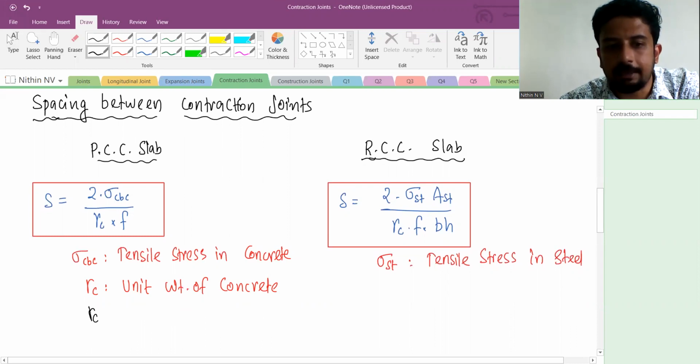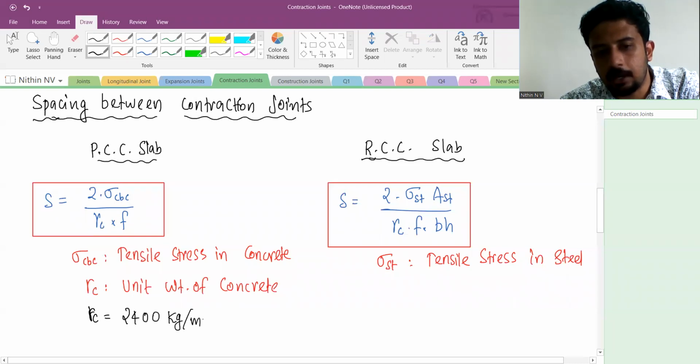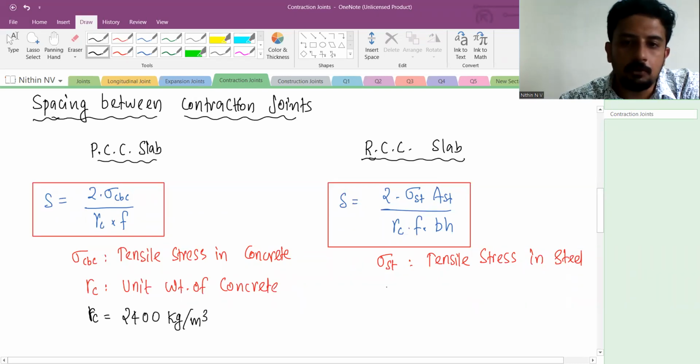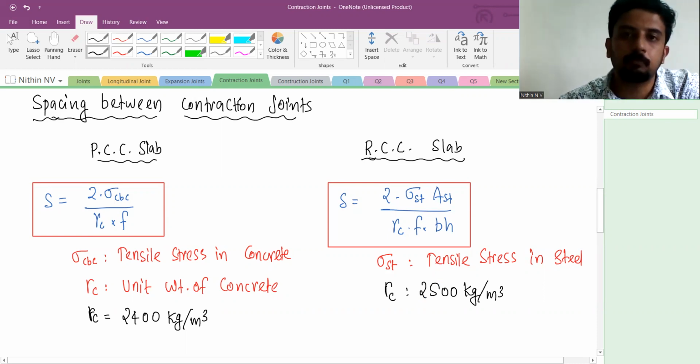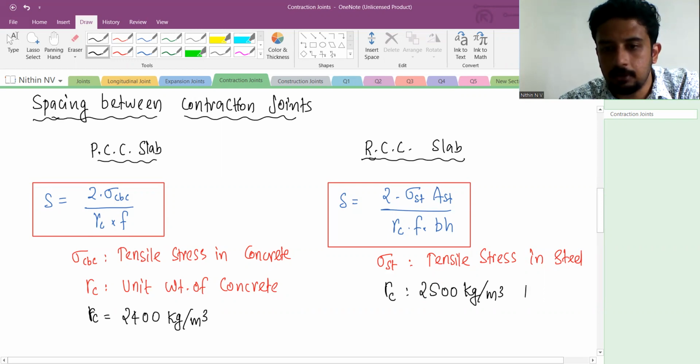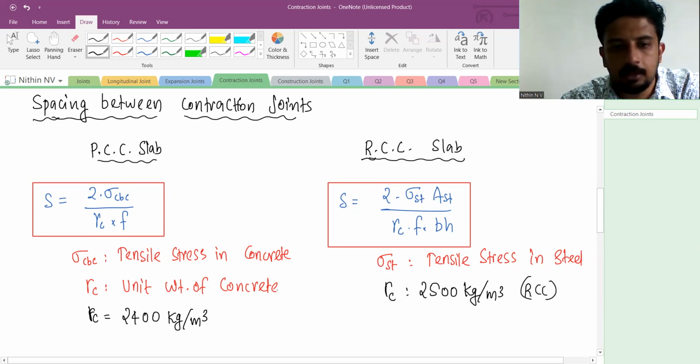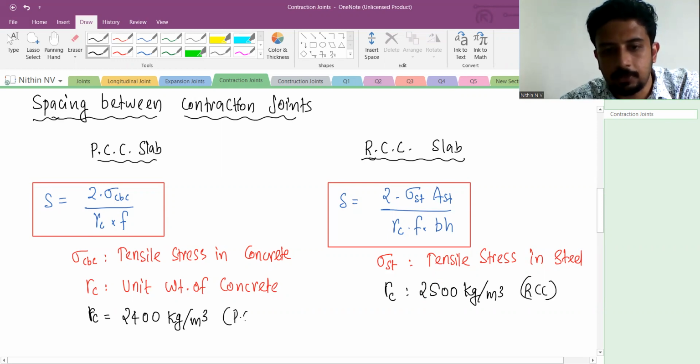For PCC, the unit weight of concrete is taken as 2400 kilogram per meter cube, whereas for RCC, it is taken as 2500 kilogram per meter cube because steel is also there, so the unit weight increases.